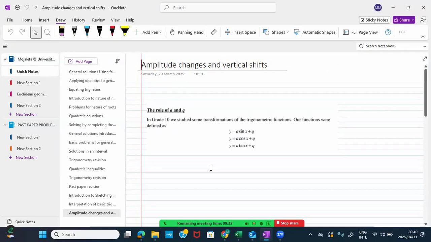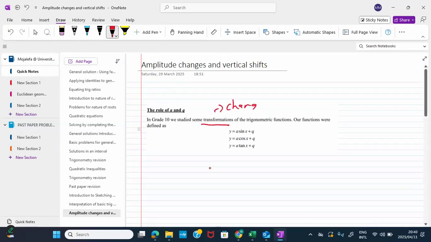So in grade 10, you studied some transformations, some changes of trigonometric functions.